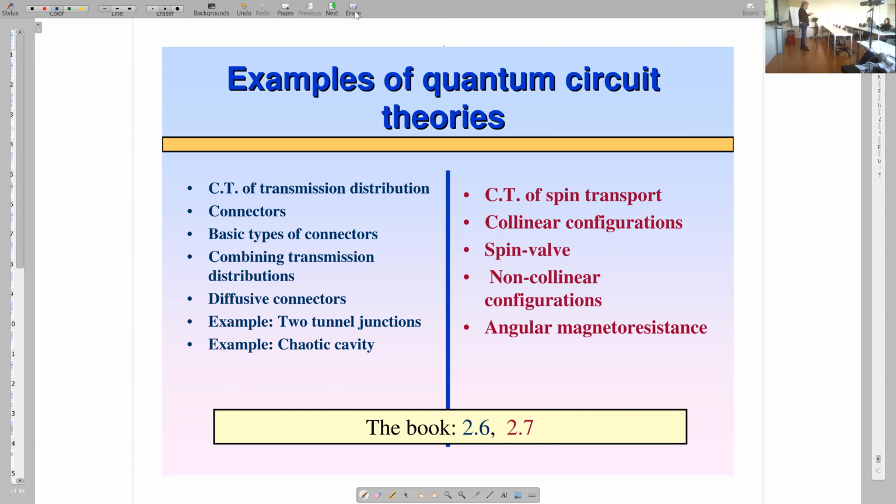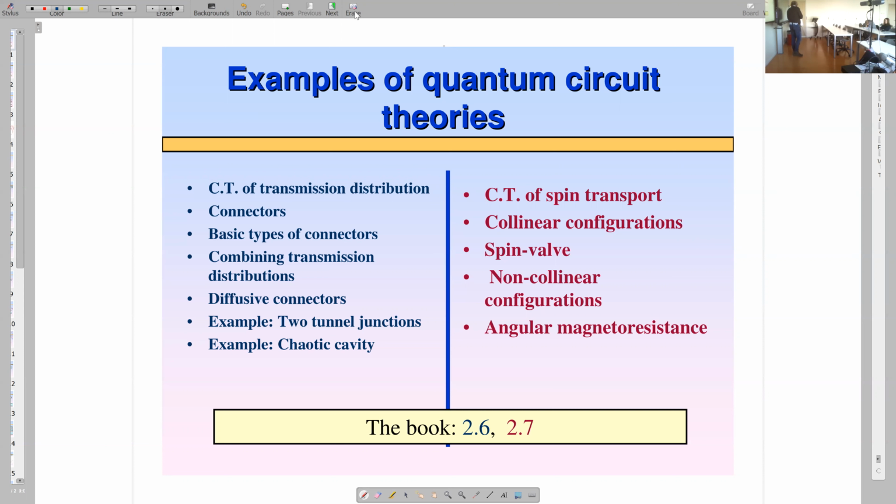But it would make no sense unless we can characterize the distribution of these transmission coefficients. And circuit theory does this for any type of nanostructure, for any design. That's one.